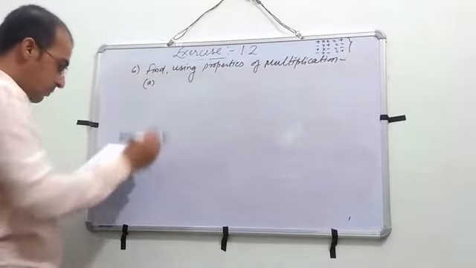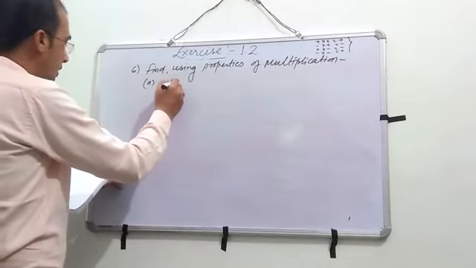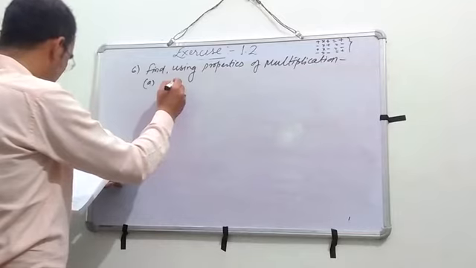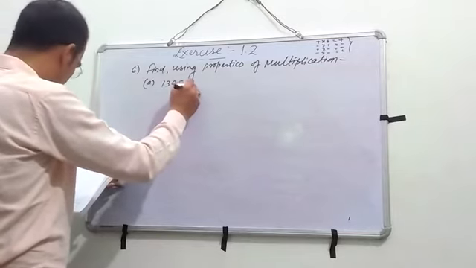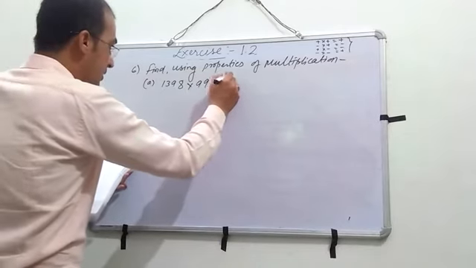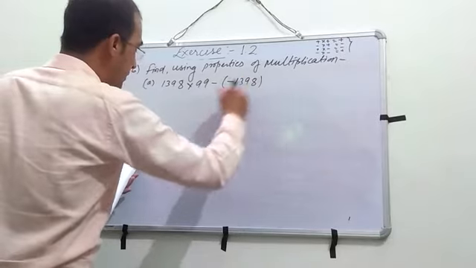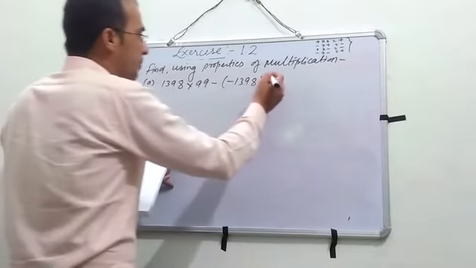A part is given. What is A part? I am writing 1,398 into 99 minus 1,398. This is the first part.